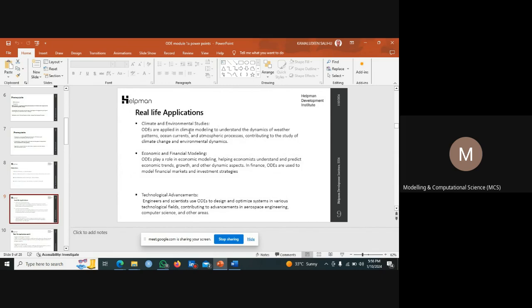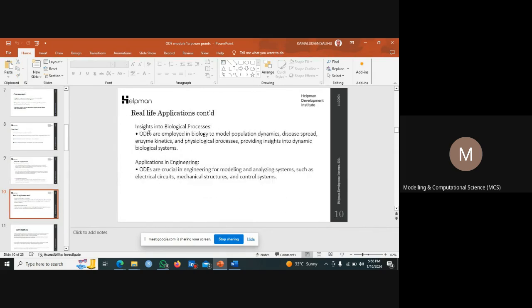Number two, we have economic and financial modeling. They also use modeling in economics, as we said, in calculating total cost, total revenue, and so on. Wherever anything changes position from one place to another, you can definitely apply a differential equation there. Then technology advancement: engineers also use it, as we said earlier.